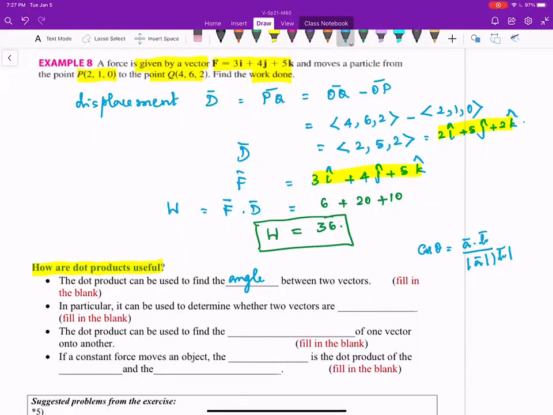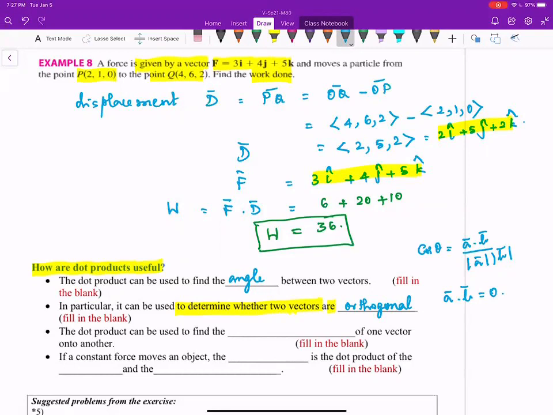In particular, it can be used to determine whether the two vectors are perpendicular or orthogonal. What does that mean? The two vectors are orthogonal if a dot b equals 0.